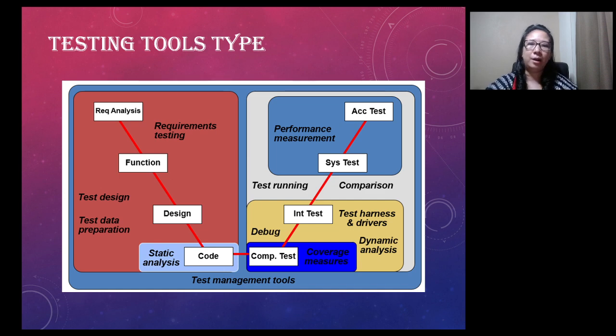And there are a lot of testing tool types, and I'm not going to explain them one by one because I assume you already learned this when you learned about implementation and testing.